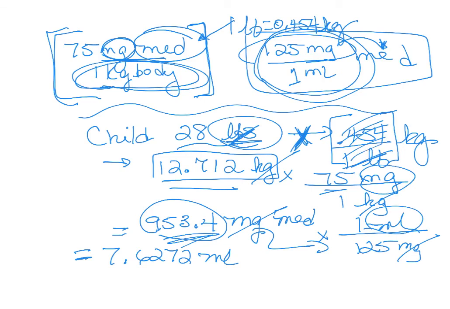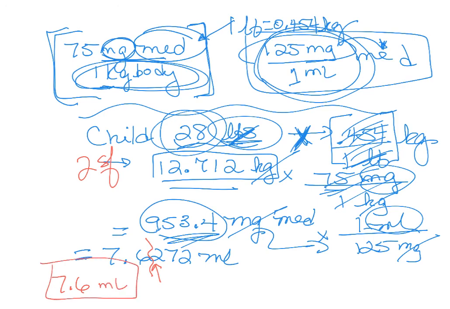Just pay attention to the given information. The given information had only 2 sig figs, which means your answer can only have 2 sig figs. So 7.6, do we need to round it? Look at the first dropped number, it's less than 5, so no. Your final answer is 7.6 milliliters.